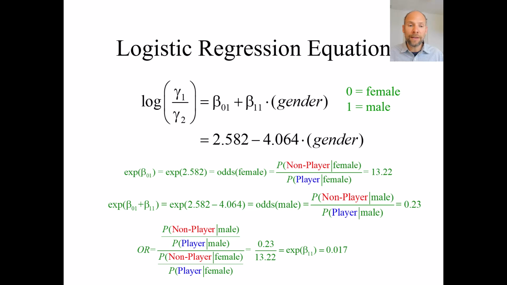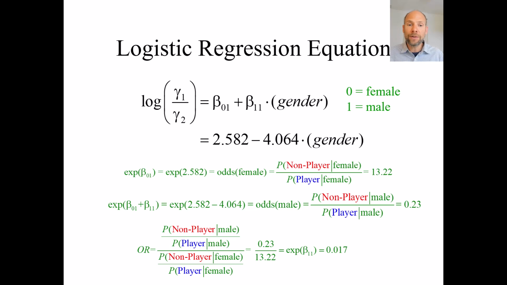So we can look at the ratio of the two odds, which you can see here as OR. OR is the odds ratio, and I have the ratio for males in the numerator and the ratio for females in the denominator. So I'm dividing 0.23, the odds for males, by 13.22, the odds for females.